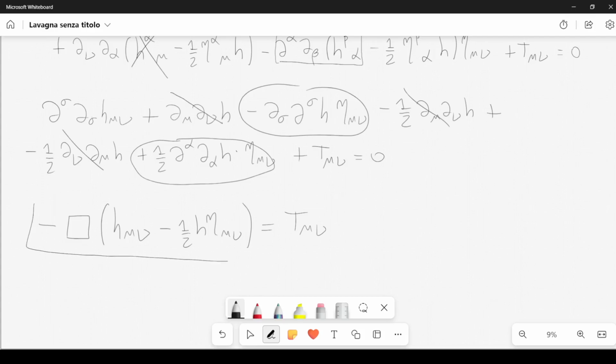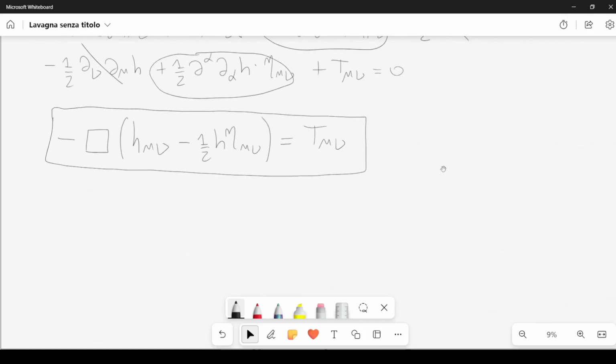So this is an equation that we derived, and here we can still try to understand the physics a little bit more, because this is just a wave equation. So this explains the propagation of gravitational waves. Here we have the source of the gravitational waves, and you can see that indeed this is a wave equation, because we have the D'Alembert operator.